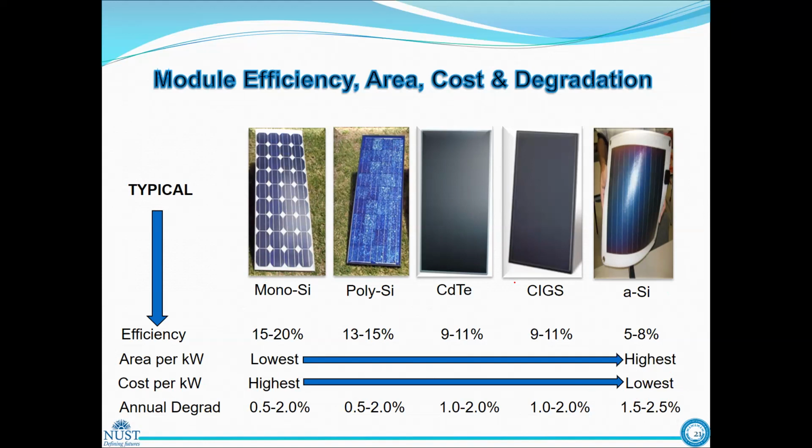Another very important factor to know is the annual degradation rate. It is higher in thin film technologies, and the most degrading module is amorphous silicon. But at the same time, we know that its cost is also low. So we have to trade off.